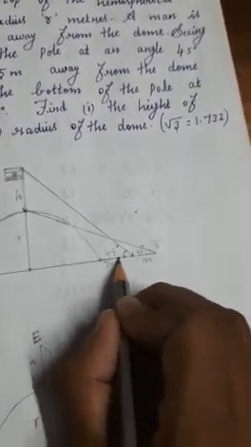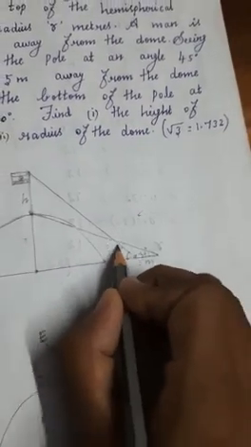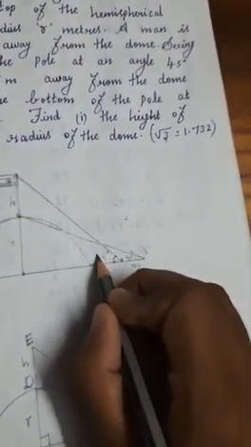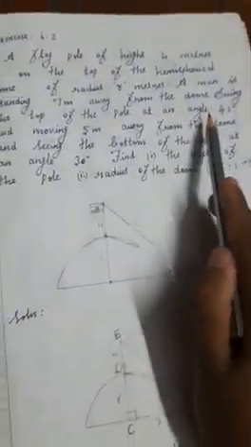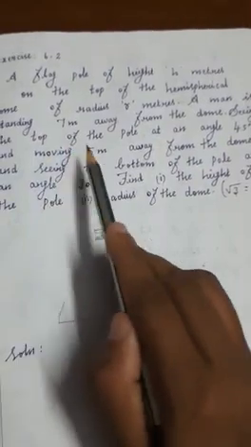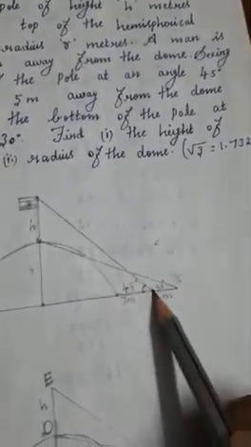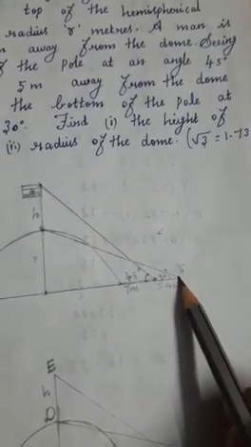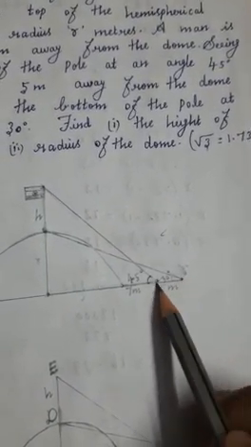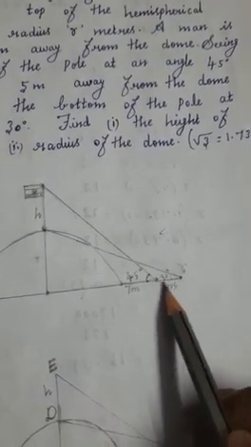Now this is the horizontal line. He is looking at the top of the pole in 45 degree angle. Next, he is moving again 5 meter away from the dome, so now the man is standing here. You can join this line, this distance is 5 meter.